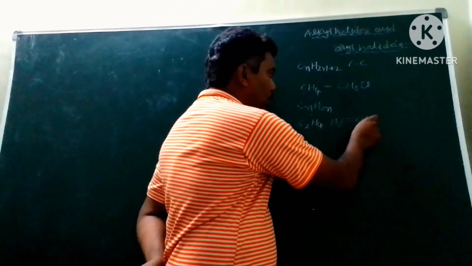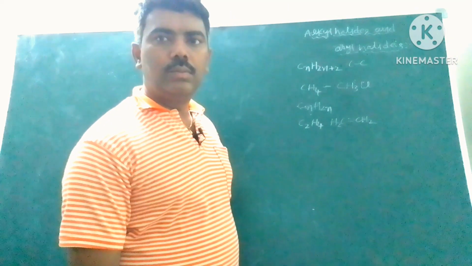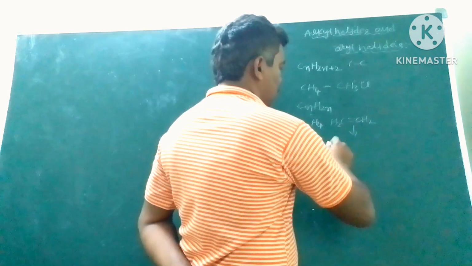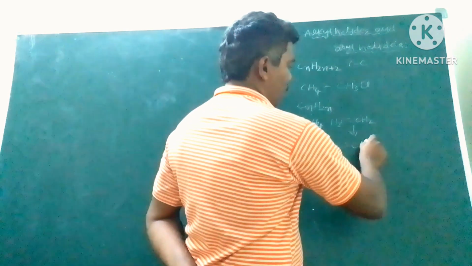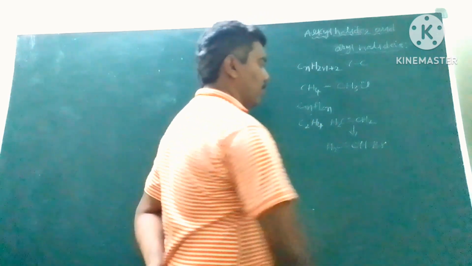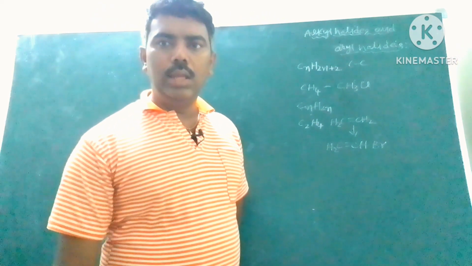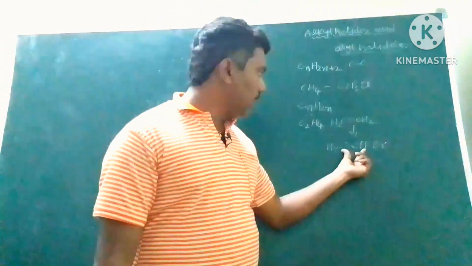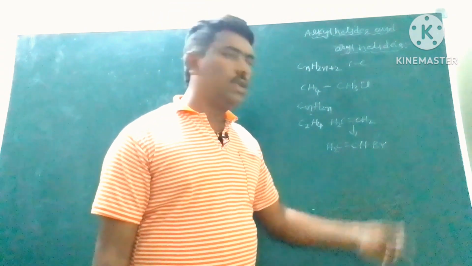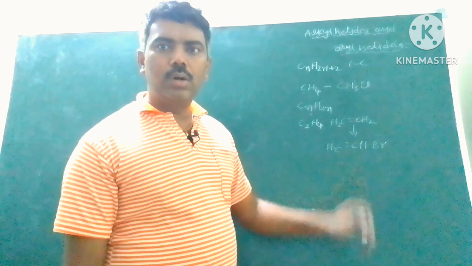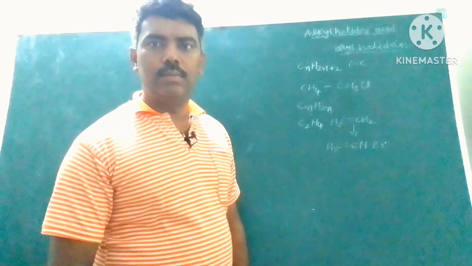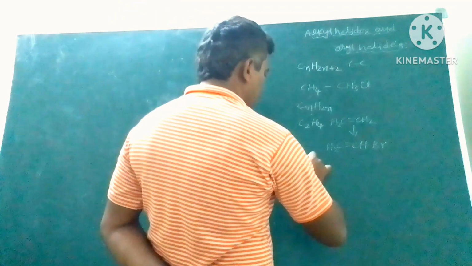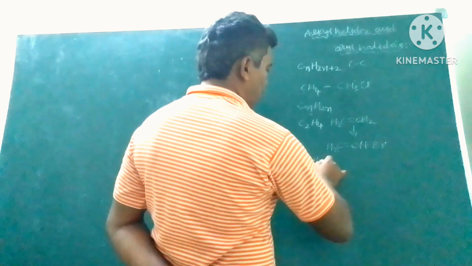In ethene, one of the hydrogens is replaced with halogen. I am taking one hydrogen replaced with bromine, giving bromoethene. So from the aliphatic hydrocarbon, the hydrogen is replaced with halogen. It is called haloalkene.